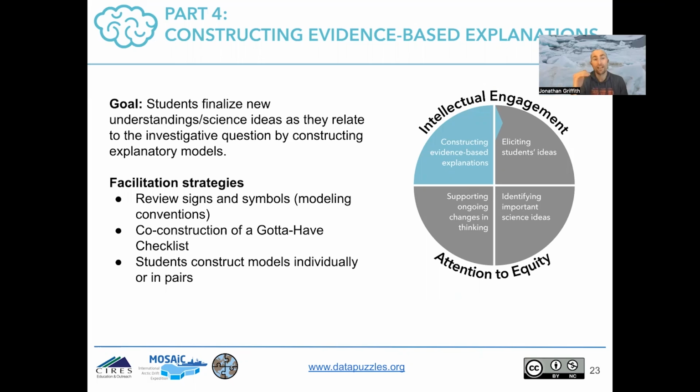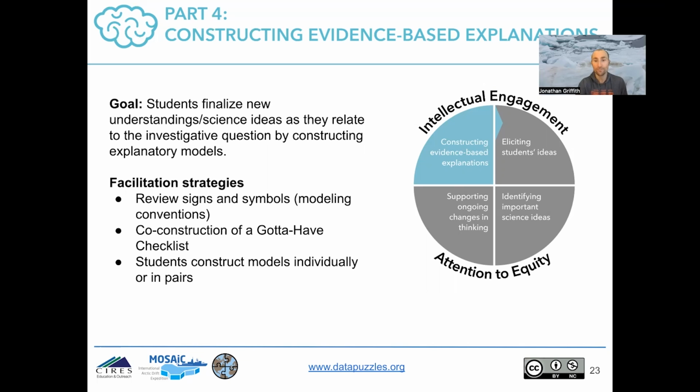So identifying the key ideas and concepts, what evidence we have to support these ideas and concepts, and creating a list that has these things is critical scaffolding to help students successfully construct a final explanatory model.